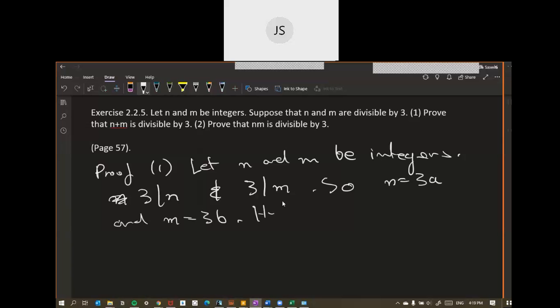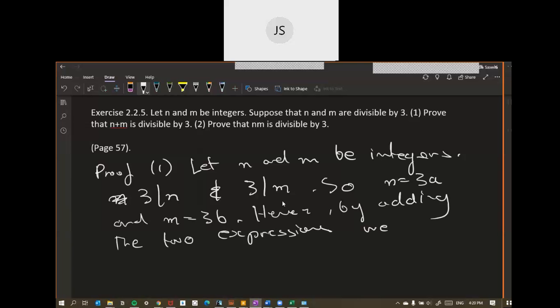Hence, by adding the two expressions, we obtain n plus m is equal to 3a plus 3b, which is equal to 3 times a plus b by the distributive property.